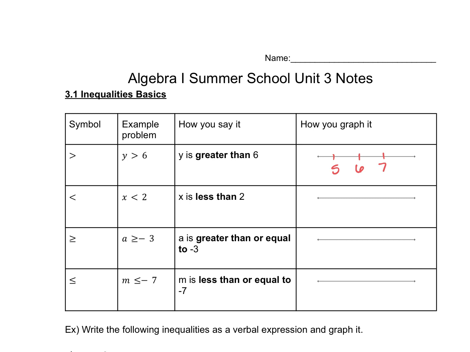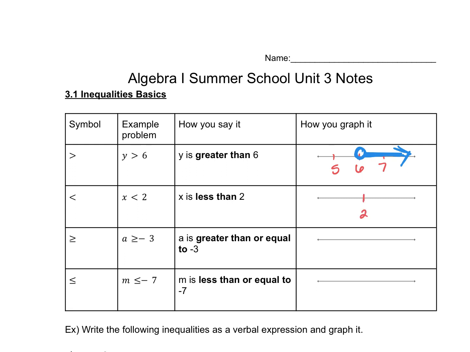Since it is greater than, this is going to have an open dot. We're going to all of the numbers greater than 6, so we're going to be going to the right. You just draw it something like that. The next one is the less than symbol, and you say it as x is less than 2. This is how you graph it.